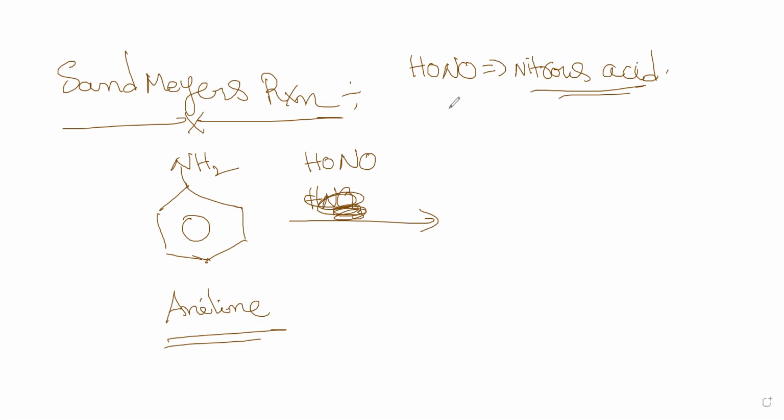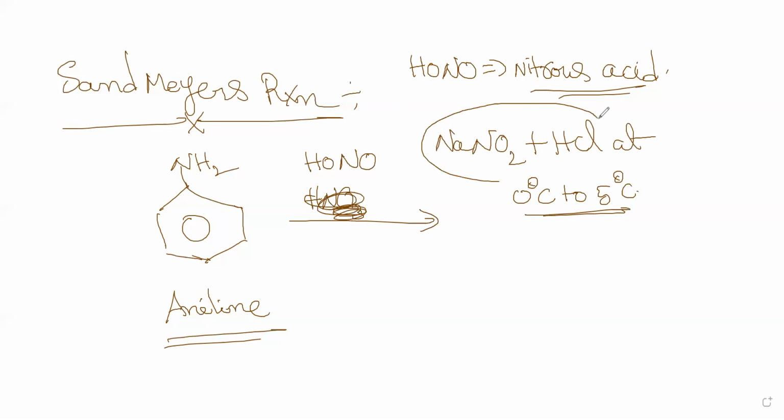It is very unstable, so it is prepared in situ by using a NaNO2 plus HCl mixture at 0 degrees centigrade to 5 degrees centigrade. This mixture will produce HONO. Now, after preparing this HONO, it is treated with aniline.